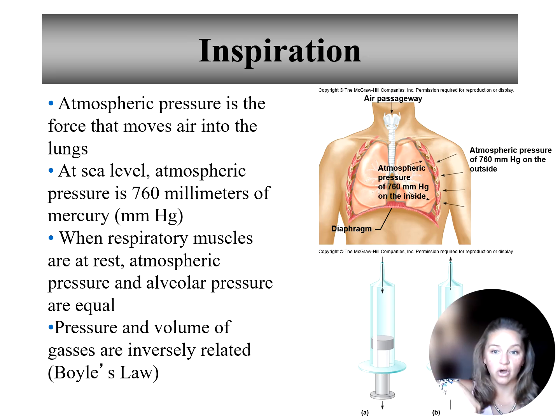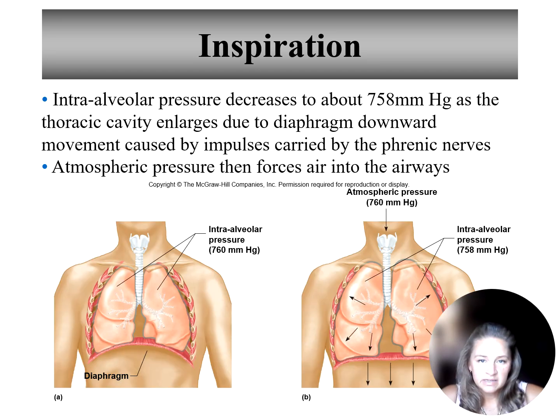So air is going to go in. That's what's happening when we're breathing. When we breathe, we have a lower pressure inside our lungs than outside our lungs because of the change in volume, and air goes into our lungs. This relationship is called Boyle's law. You don't need to know that for this class, but we would have talked about pressure and volume and their inverse relationship in chemistry.